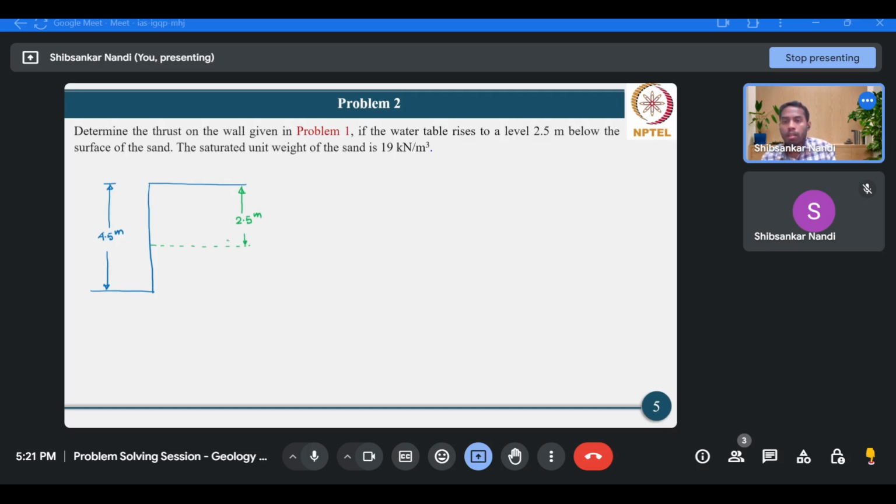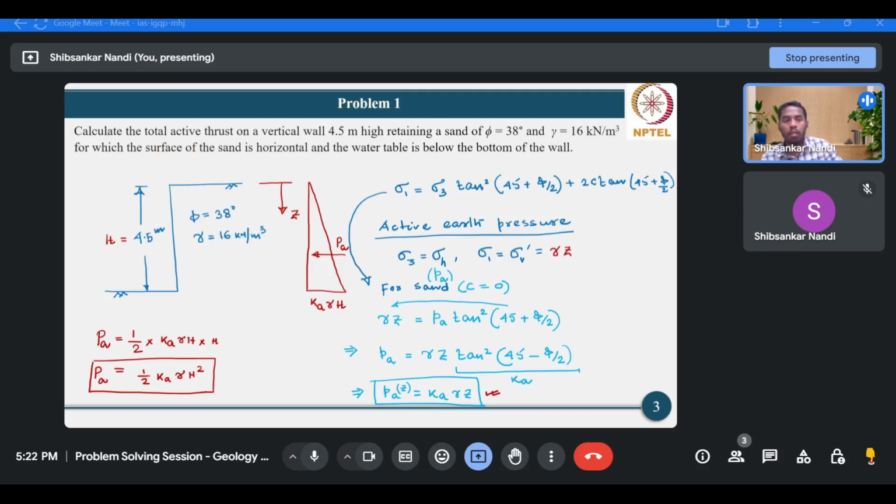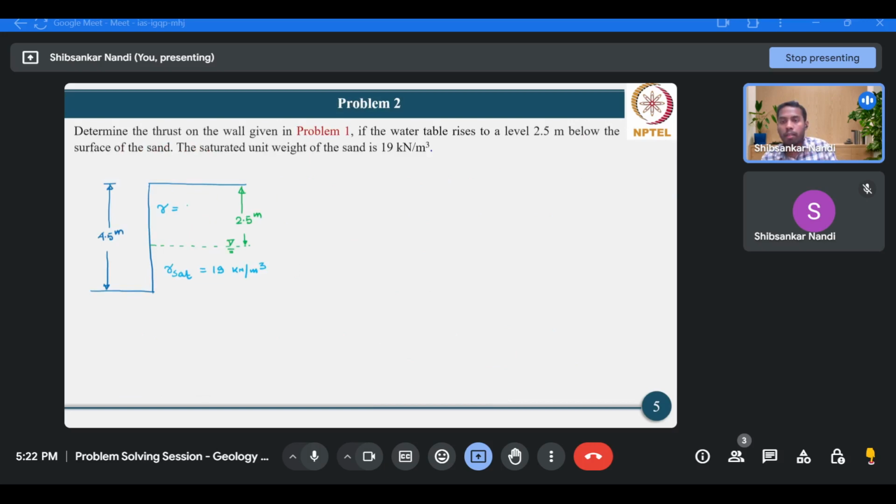So this is the water table location, and below this water table the sand will be saturated. So for that we have to use the saturated unit weight, which is given as 19 kilonewton per meter cube for this problem, and above the water table we will use this unit weight only. Okay, so you can refer to this unit weight as the bulk unit weight.